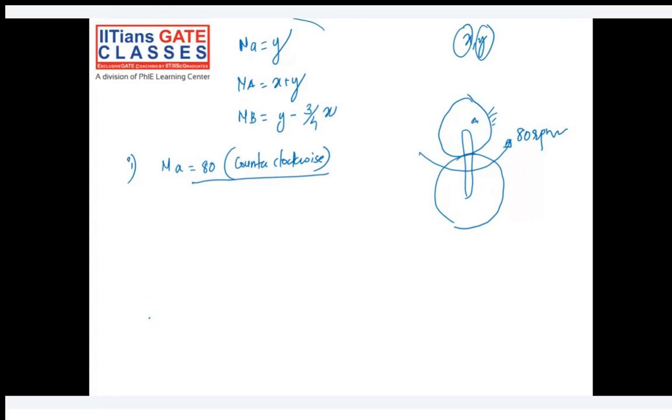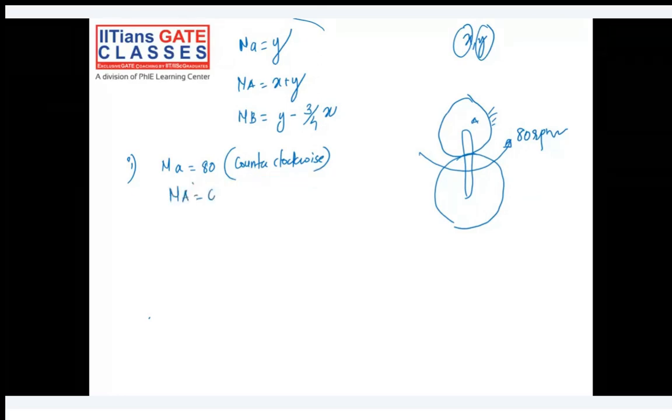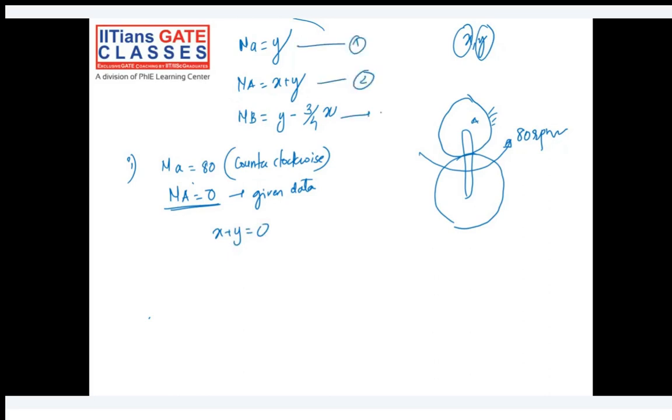So if gear A is fixed, NA is equal to 0. This is given data, do you agree? NA is 0. So can I write X plus Y equal to 0? This is equation number 2, and I can write it by using equation number 1.